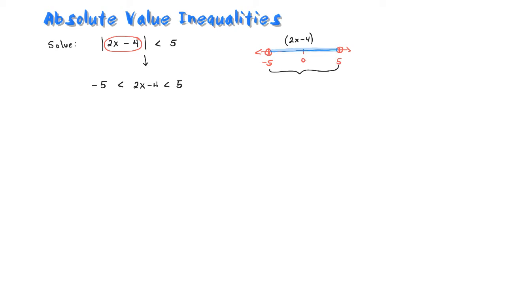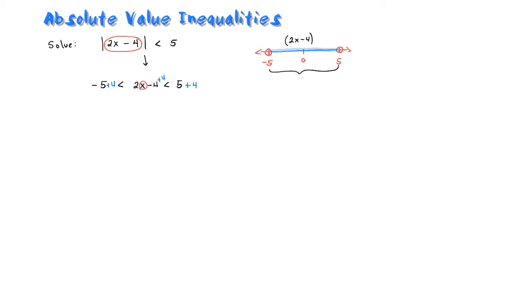Once I do that, I can now do simple operations of addition and division to isolate x, because what I want is to have x completely alone inside. So in order to do that, I am going to begin by adding 4, but whatever I do to one side, I must do to all of the other sides of the inequality.